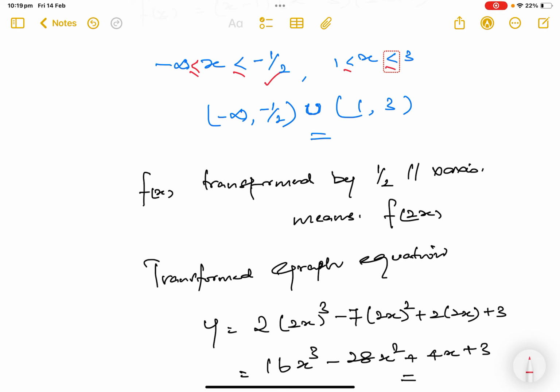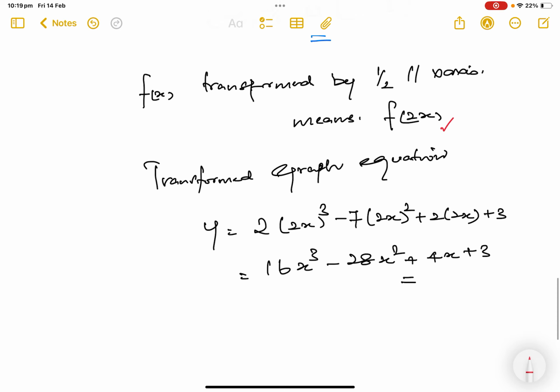Transforming by 1/2 parallel to the x-axis means f of 2x, instead of x it is 2x. So the transformed graph equation is y = f(2x) = 2(2x)³ − 7(2x)² + 2(2x) + 3.